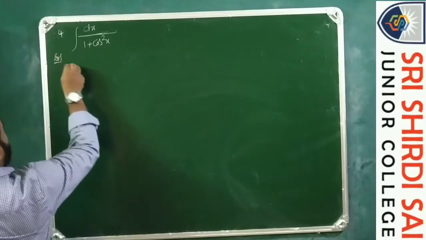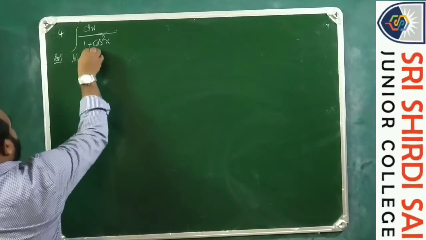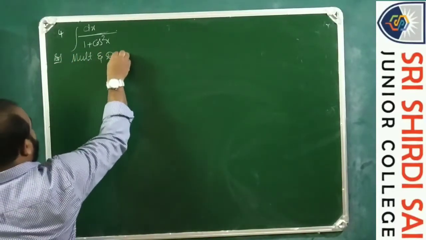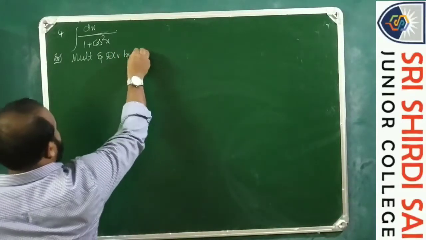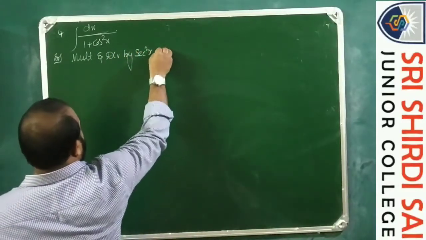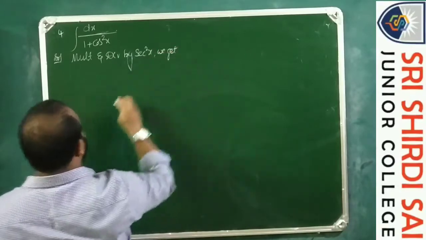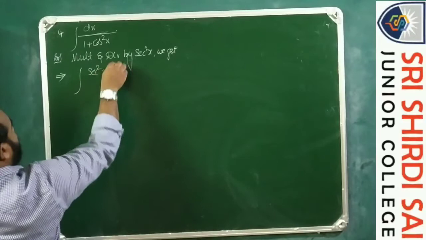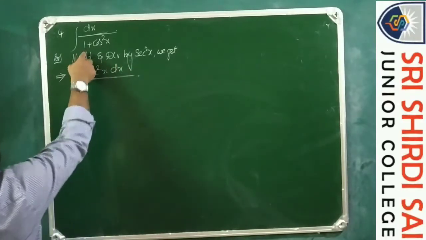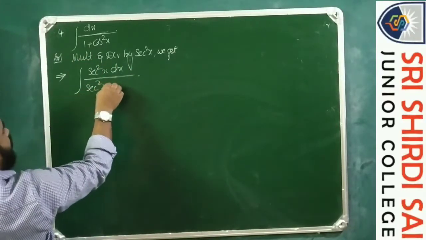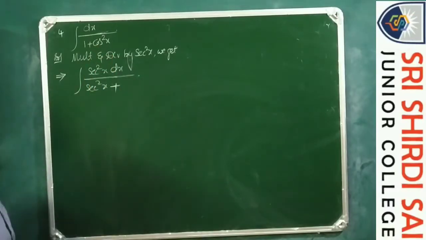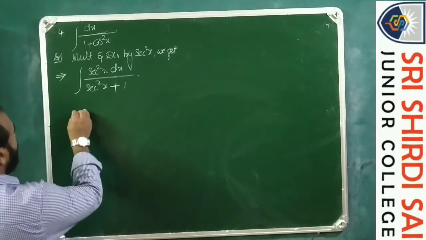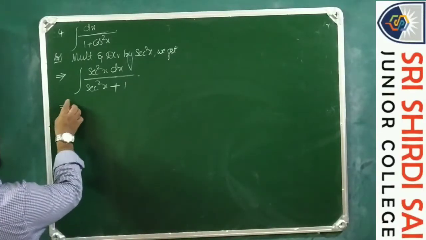Solution: multiplying and dividing by secant square x, we get secant square x dx by secant square x into 1 is secant square x, plus secant square x into cos square x is 1. Secant square x is 1 by cos square x, into cos square x. So 1.